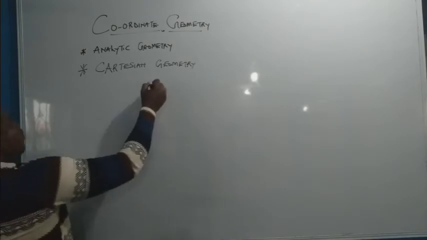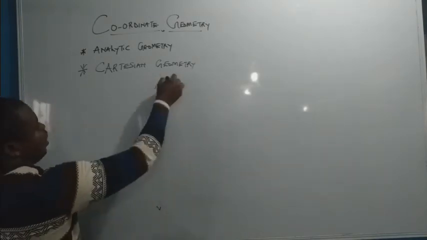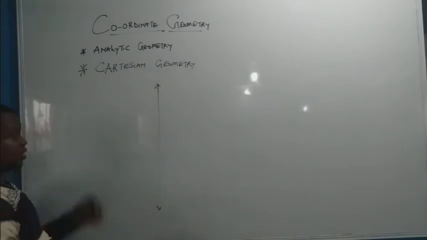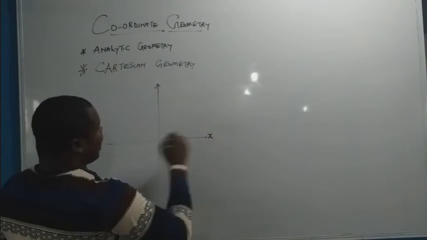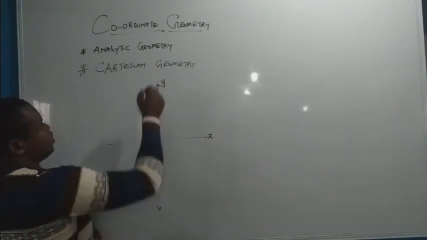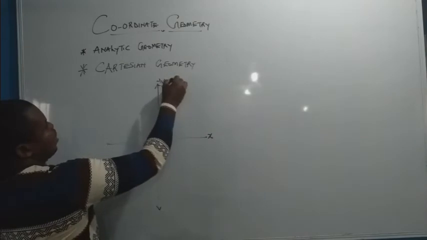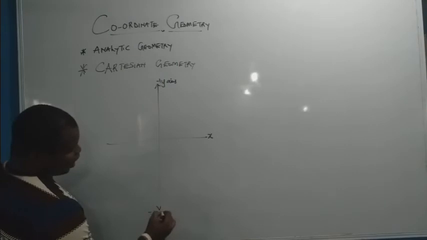If you remember your graph, we have the x and the y axis. So we have the y axis, the vertical axis. We also have the x axis, the horizontal axis. Now take note, the upper part is called the positive y axis, and the lower part is called the negative y axis.